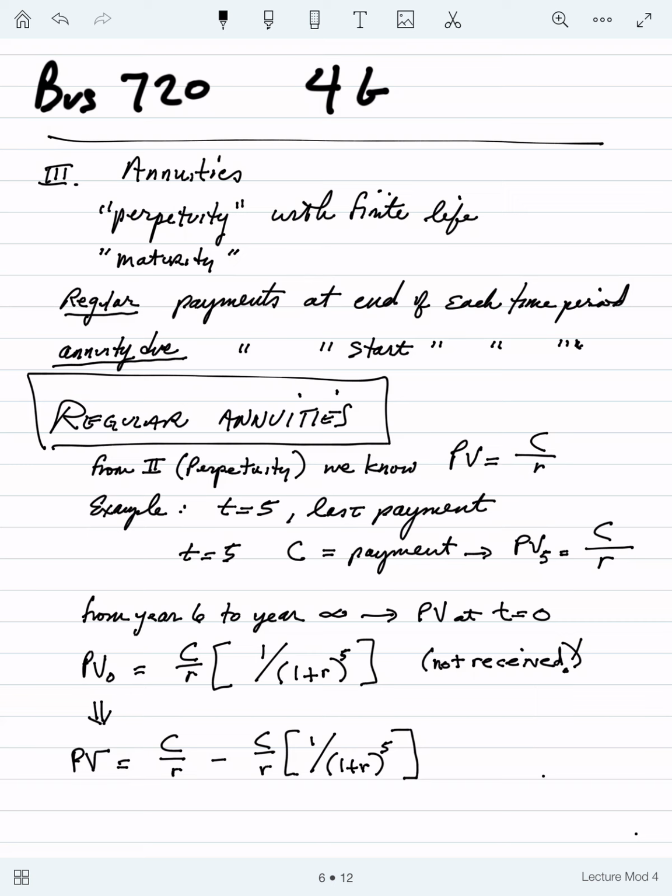Now you can factor out the C from both terms, since you have a C here and here.